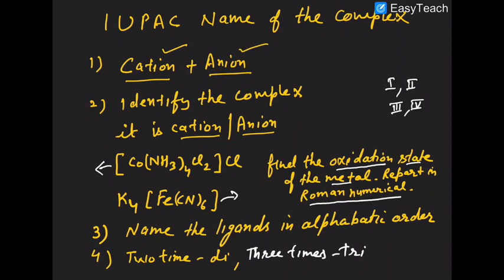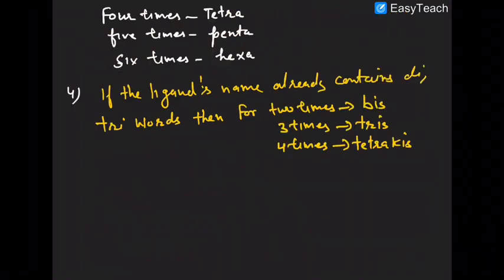After that, you have to name the ligands in alphabetical order. If a ligand is present 2 times, before its name, di should be written. If the ligand is present 3 times, tri should be written. If the ligand is present 4 times, tetra, for 5 times penta, for 6 times hexa, like that you have to write.